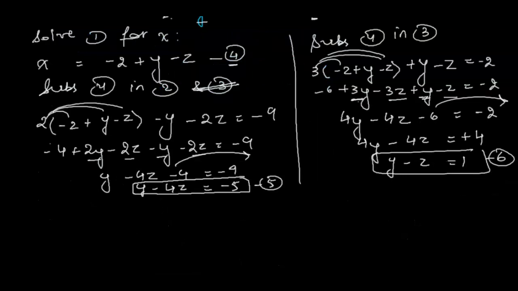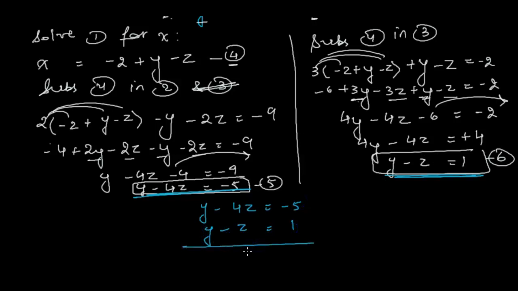To solve this further, we can do elimination. So y minus 4z is -5. Here y minus z is 1. For eliminating, we can subtract the second equation from the first equation. So y gets cancelled.